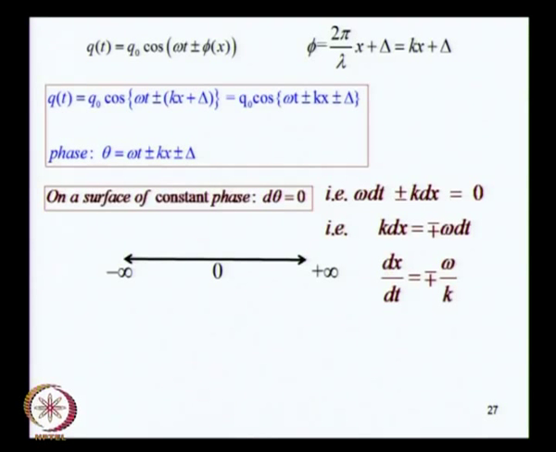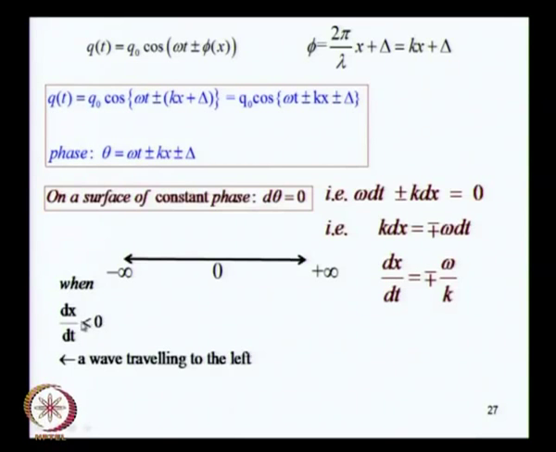Omega is the frequency, it is an intrinsically positive quantity, k is an intrinsically positive quantity, it is a spring constant. So, dx by dt can be either negative or positive, both the possibilities are open, and we therefore ask what is the nature of motion when dx by dt is negative and what is the nature of motion when dx by dt is positive.